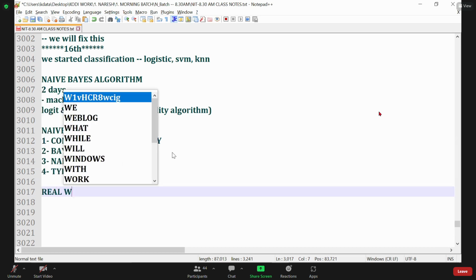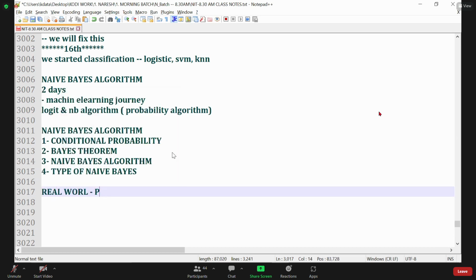In the real world, let's say ticket confirmation. Largely they use ticket confirmation, whatever tickets, maybe bus, train, or flight. In the backend, they use this model to predict what could be the probability of your ticket, meaning whether there is an 80% probability your ticket is confirmed, or a 20% probability the ticket is not confirmed.